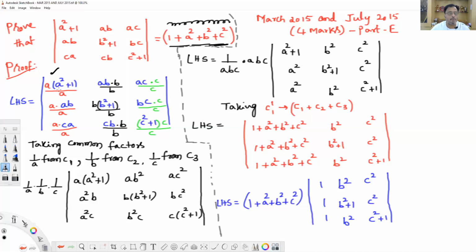So for your clarity, every element of the first column I have multiplied by A and divided by A, with the red color written here. Suppose the red A gets cancelled, A square plus 1 element, AB blue ink, again AB, there is no change in the elements.